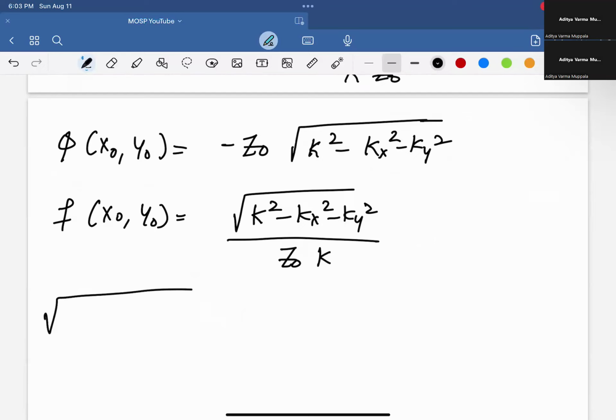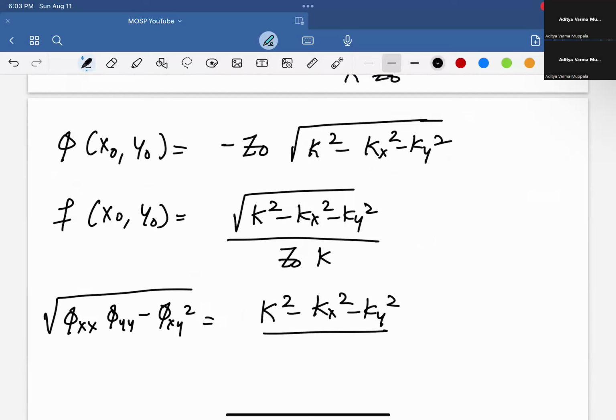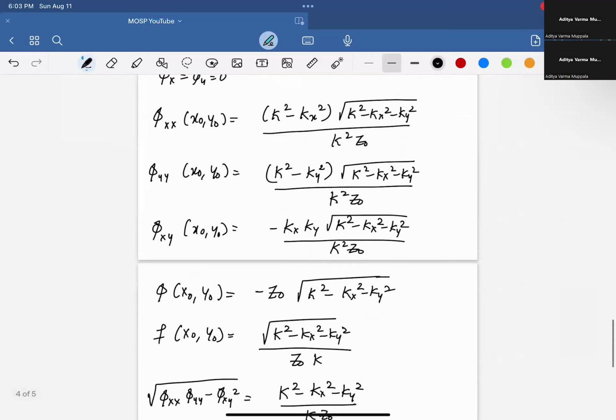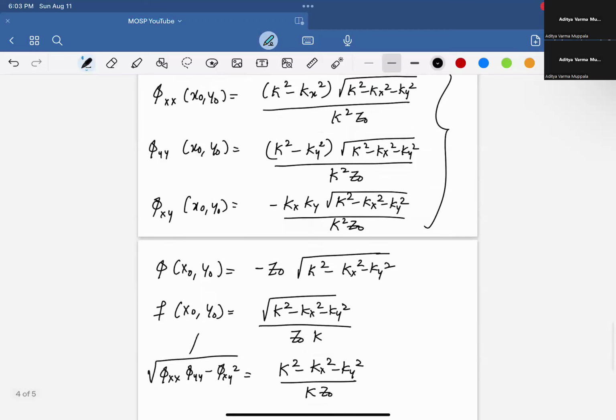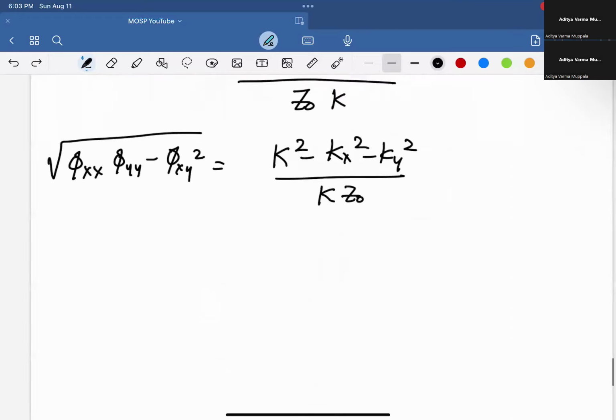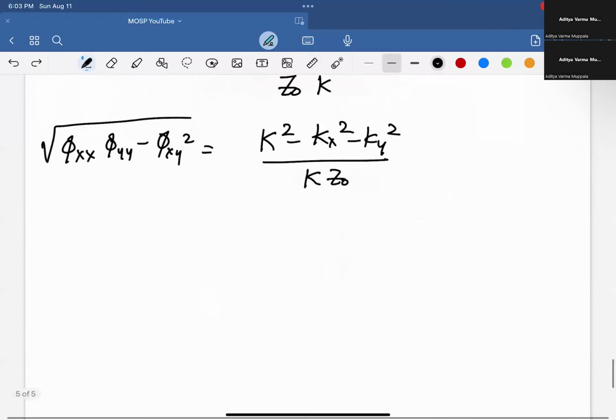So then if you evaluate phi xx phi yy minus phi xy squared, that turns out to be k squared minus kx squared minus ky squared over k z naught. So you essentially just take these three results and put them into this, and that'll give you that. Okay, very nice. So it looks like a lot of terms, but a lot of cancellations take place. And finally, you substitute them back into the original result.